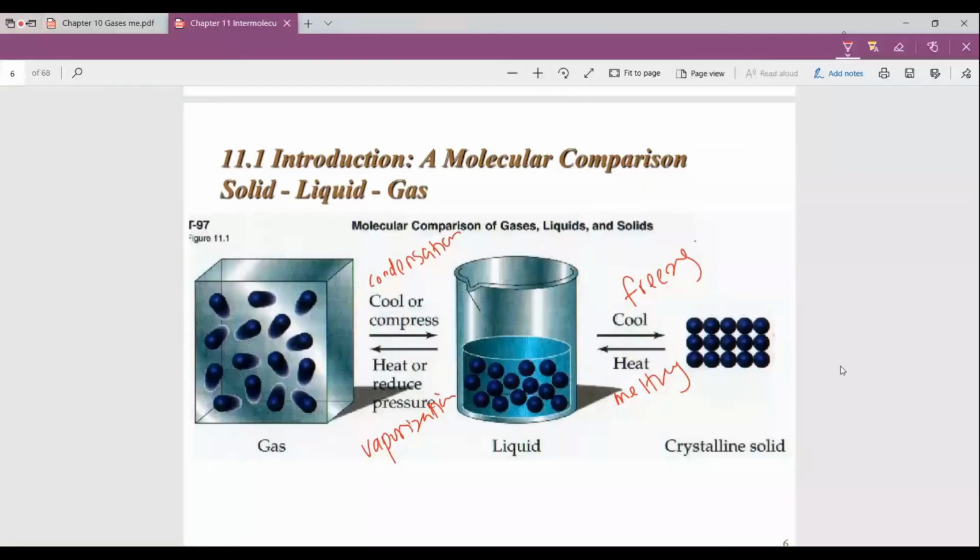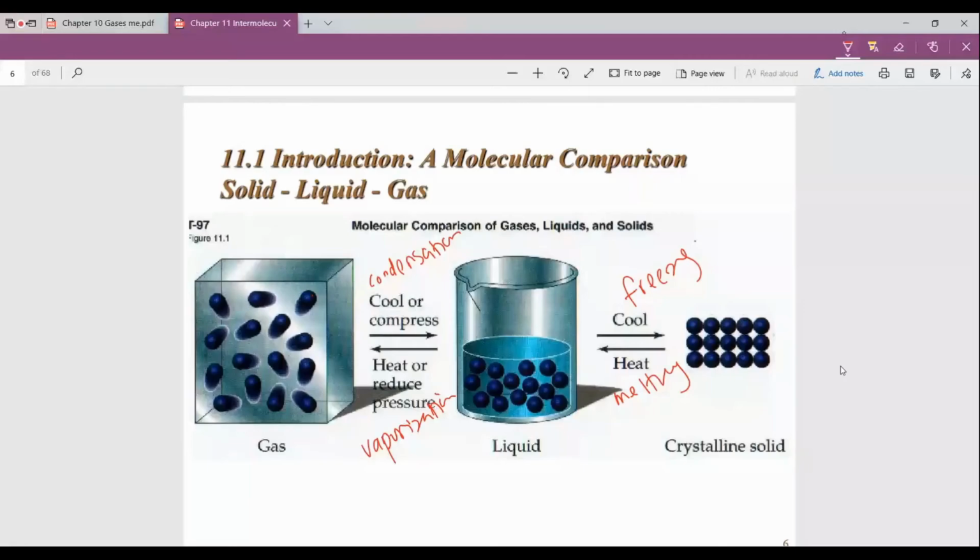As you can see, in gas the molecules are far from each other, right? So to turn into liquid, they need to form a bond. When they form a bond, they undergo condensation, which releases heat to form the new bond.